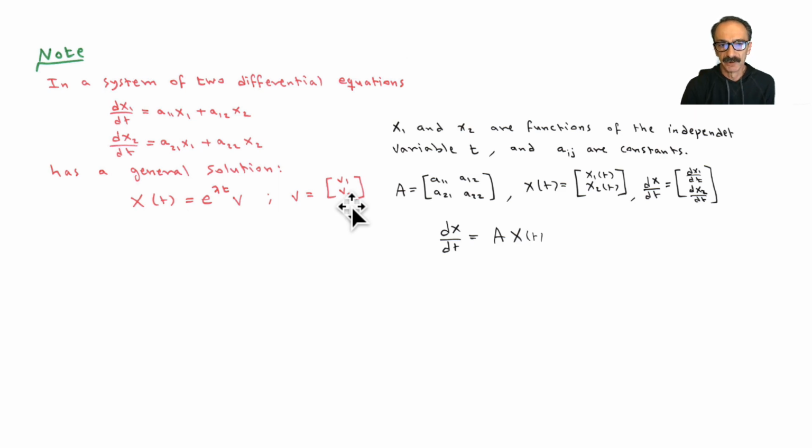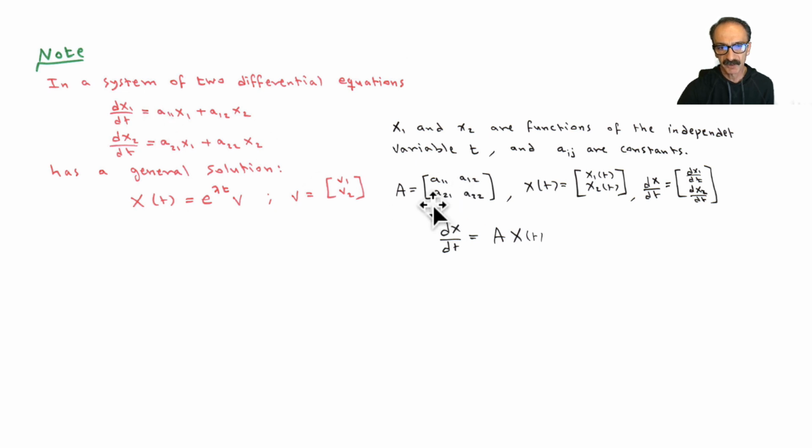These x1 and x2 are functions of the independent variable t, and aij are the constants, the coefficient matrix.